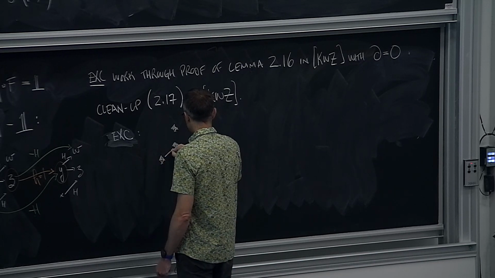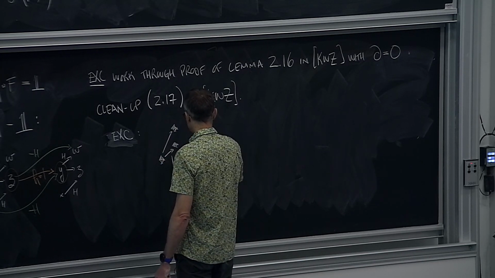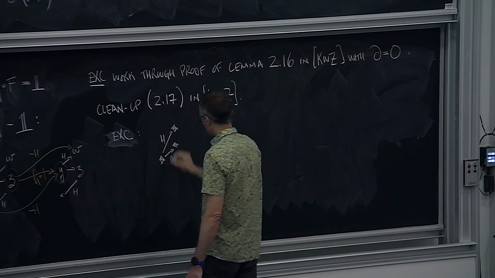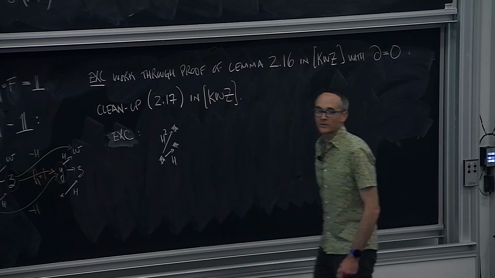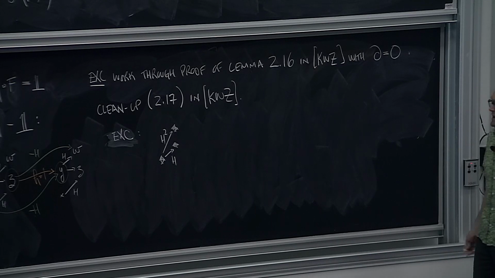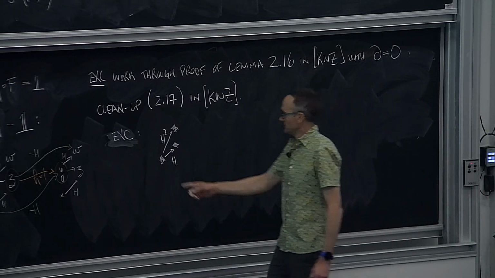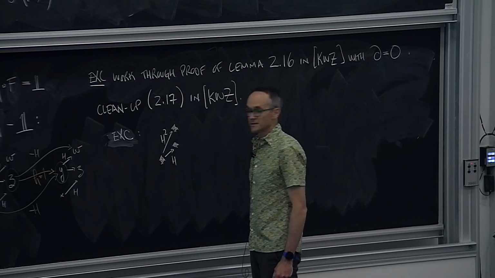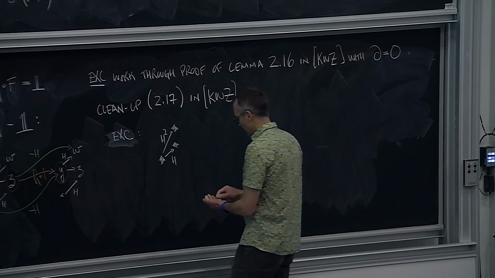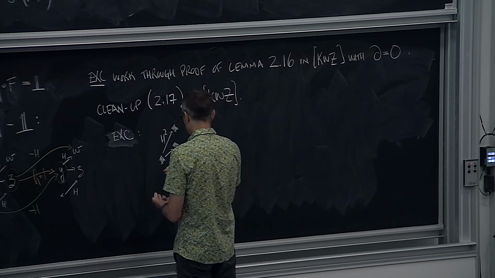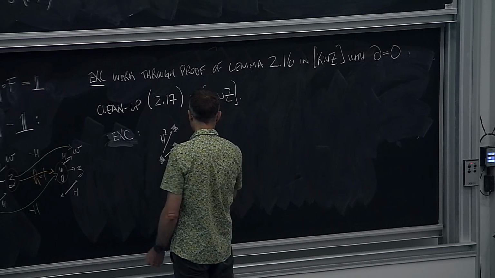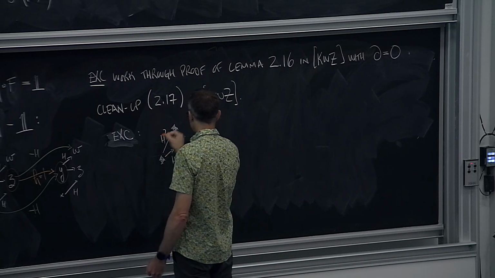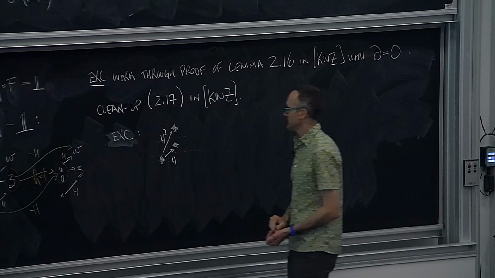So here's a type D structure you might see. And I claim that's not cleaned up because it has two things leaving from this lower idempotent. So again, I'm sticking with this convention where there's the gradings if you want to put them back in.